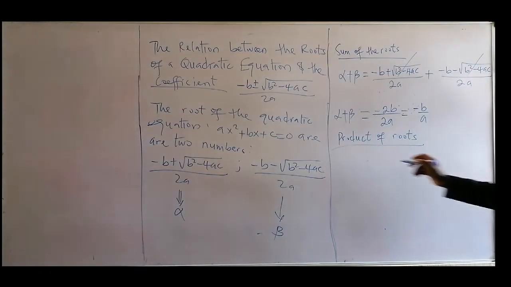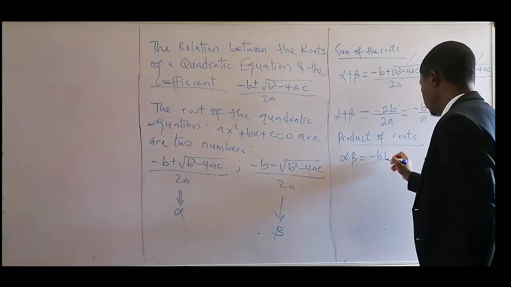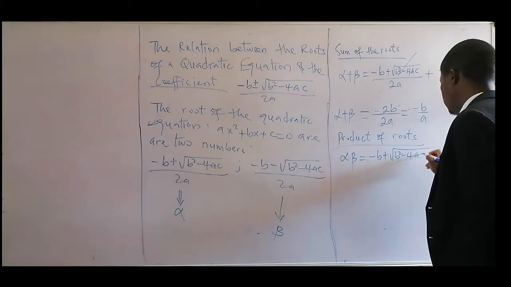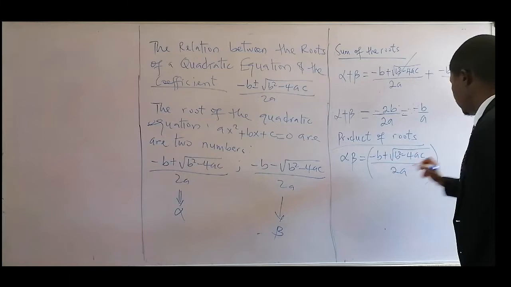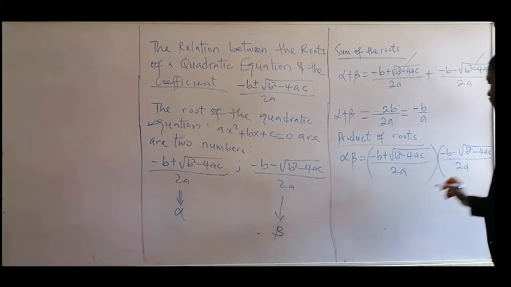That's alpha beta. That will be equal to minus b plus the square root of b squared minus 4ac all over 2a, times the second one, minus b minus the square root of b squared minus 4ac all over 2a.